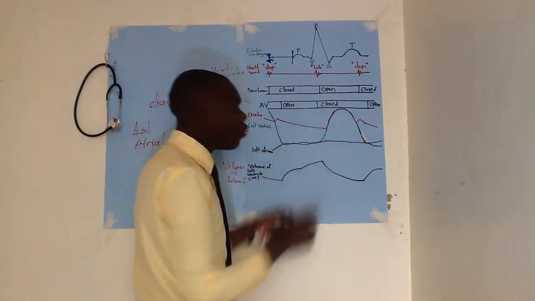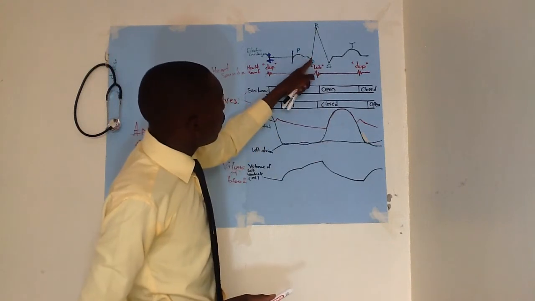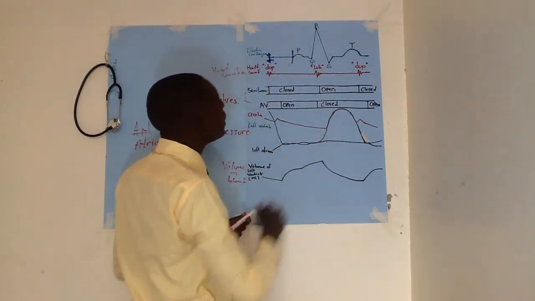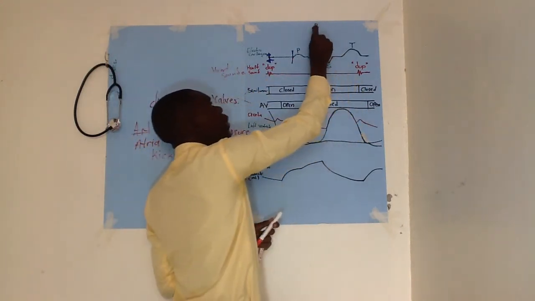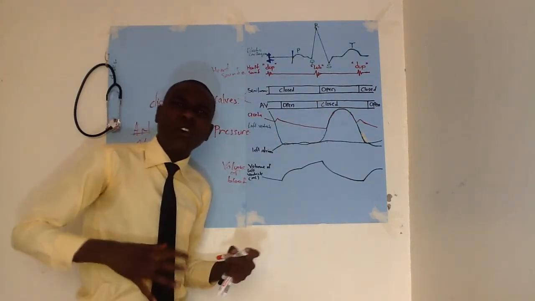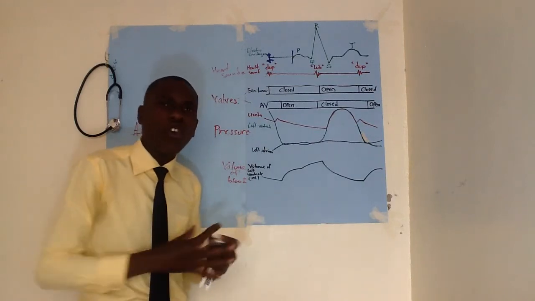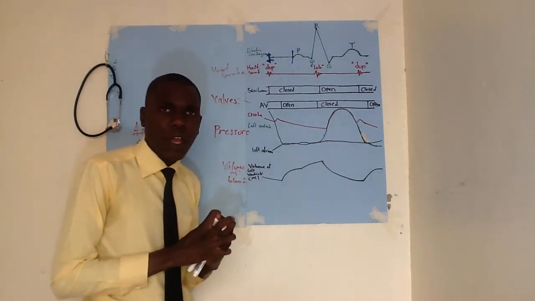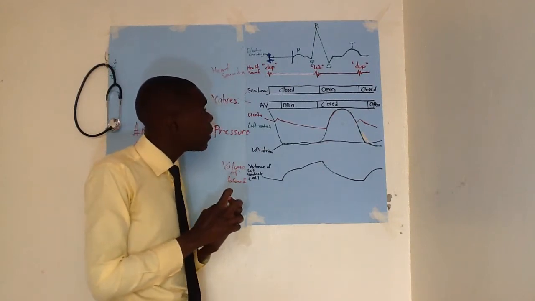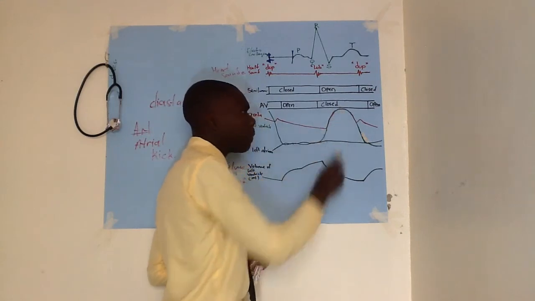But this will continue. We are saying that the depolarization keeps on increasing until it reaches its peak R. So the ventricles are continuously becoming more contracted. They are contracting and contracting even more. When they contract even more, the pressure in the ventricles increases even further.